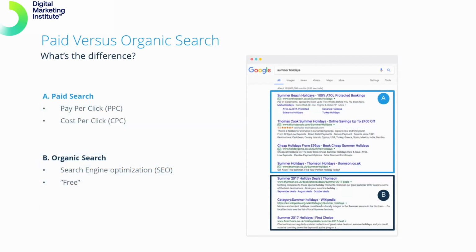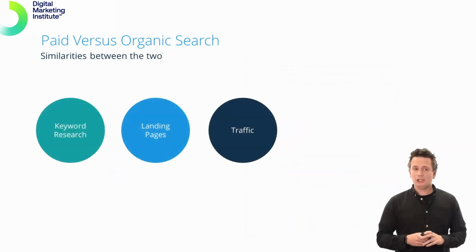So again, just looking at the differences between paid and organic search, if we look at the top box, A, that is the paid results. So we sometimes call that pay-per-click or cost-per-click. And then below that, in the B box, we've got the search engine optimization results, which we sometimes call organic or natural.